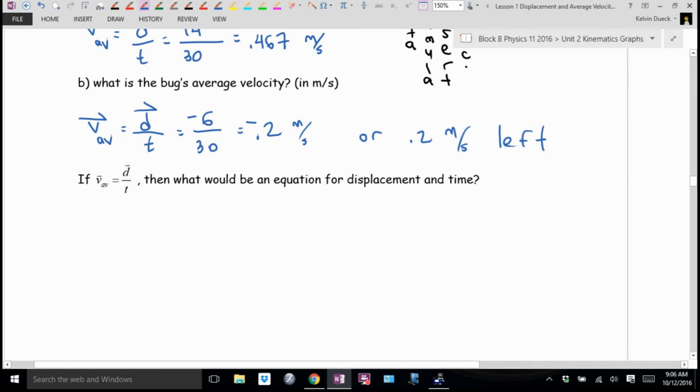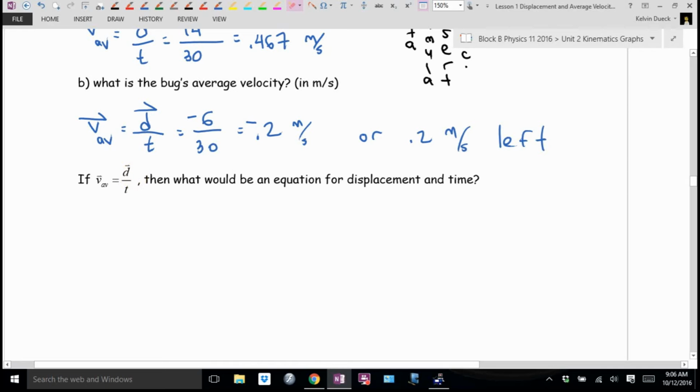But if there's one single handy skill I'm going to push you for this year, it's that, and it'll drop your memorization by about 75%. You'll have to memorize about 3/4 less than you normally would. It's a win. So, if v average is displacement over time, what would be an equation for displacement and time?